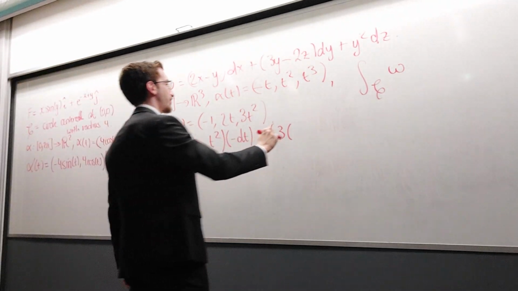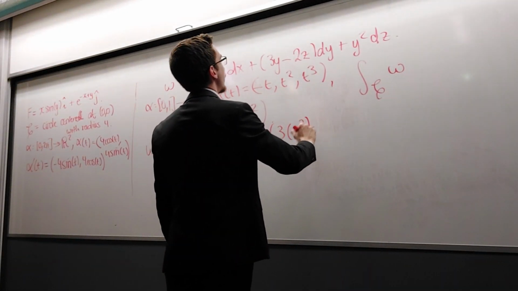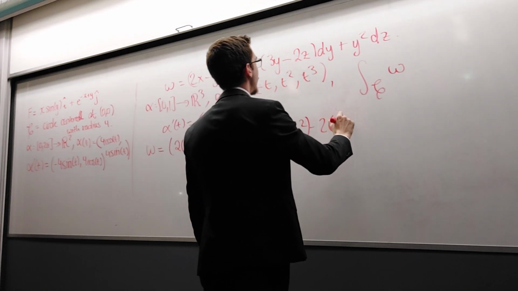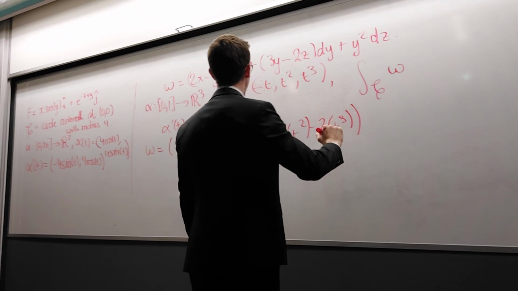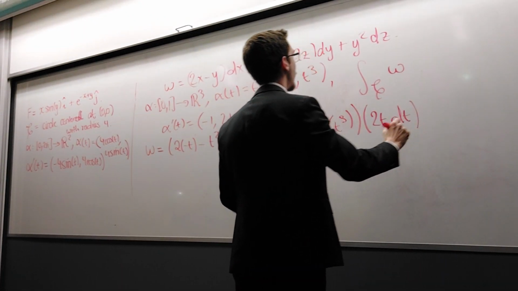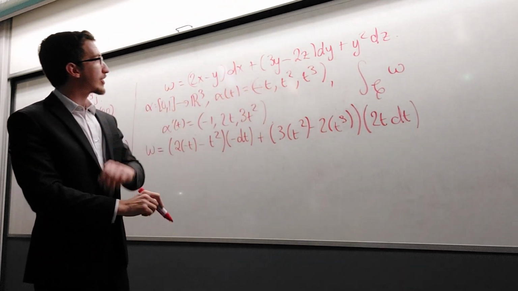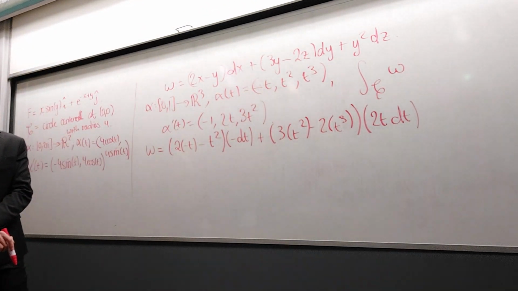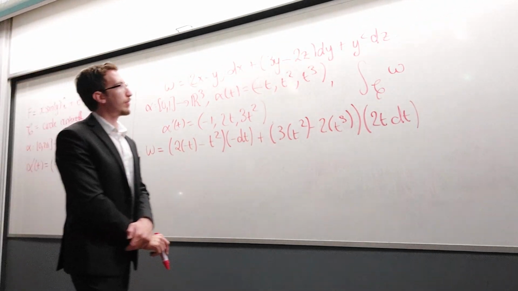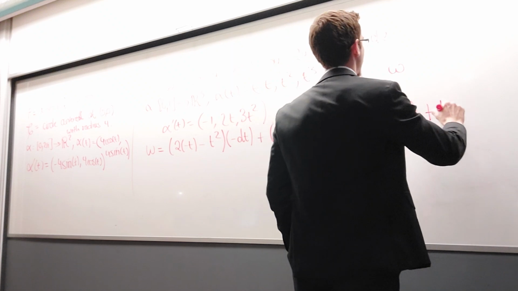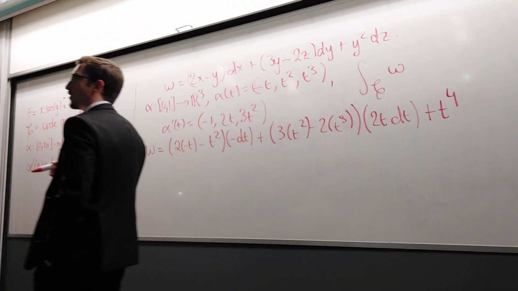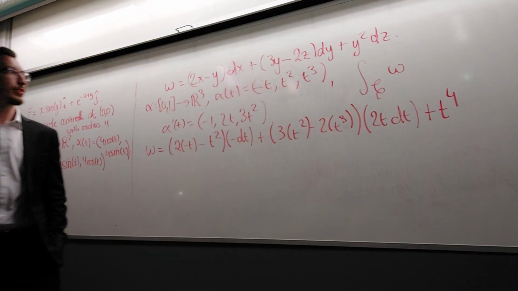T squared. Minus 2, what's z? T cubed. What's dy? 2t dt. Y squared is going to be what? T to the 4. And dz, 3t squared dt.